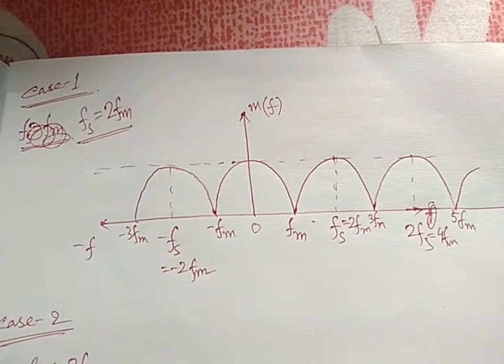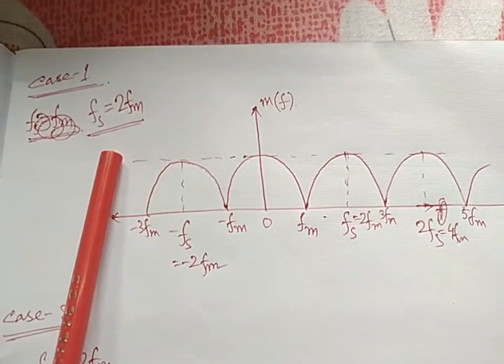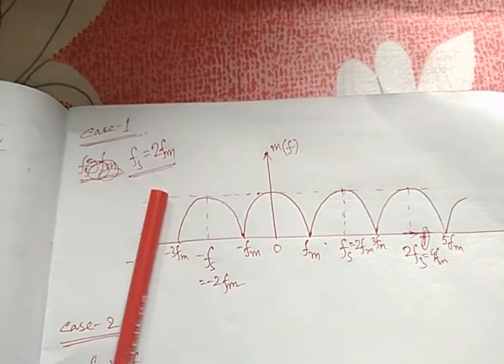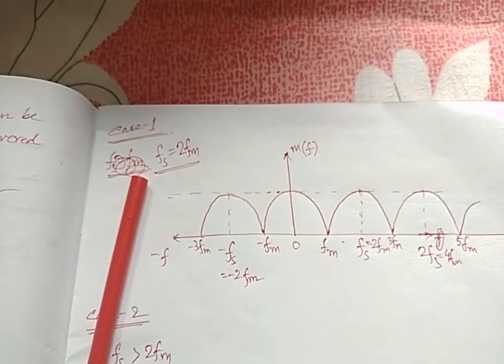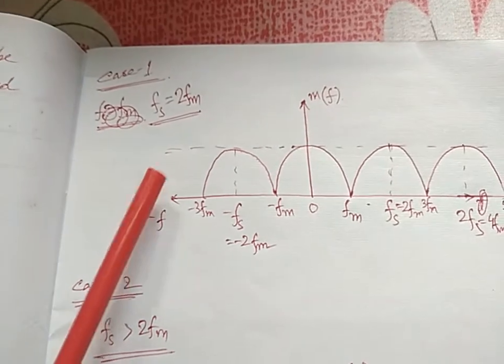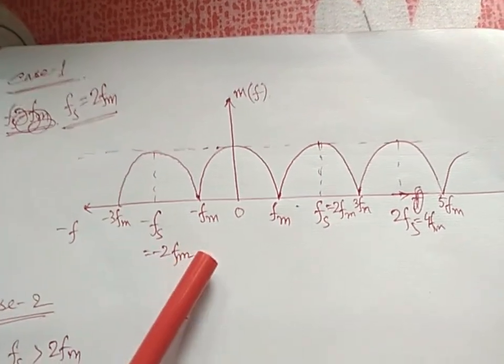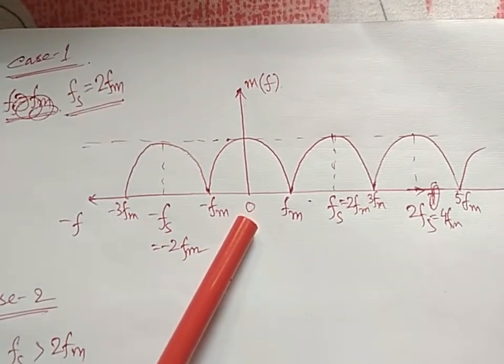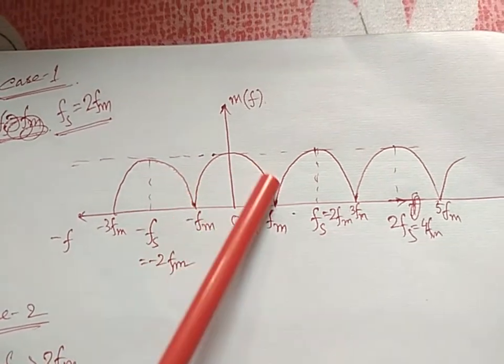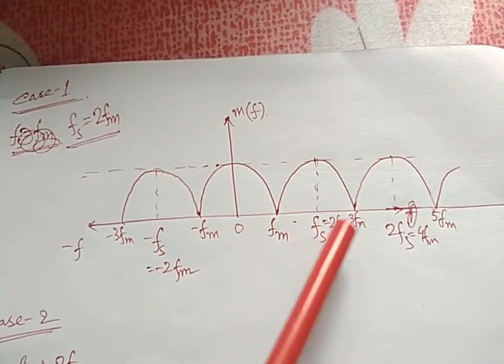Now coming to the proof. There are three cases. First, fs equals twice fm. When fs equals twice fm, I have already said that it will have center frequencies 0, fs, twice fs, like that.